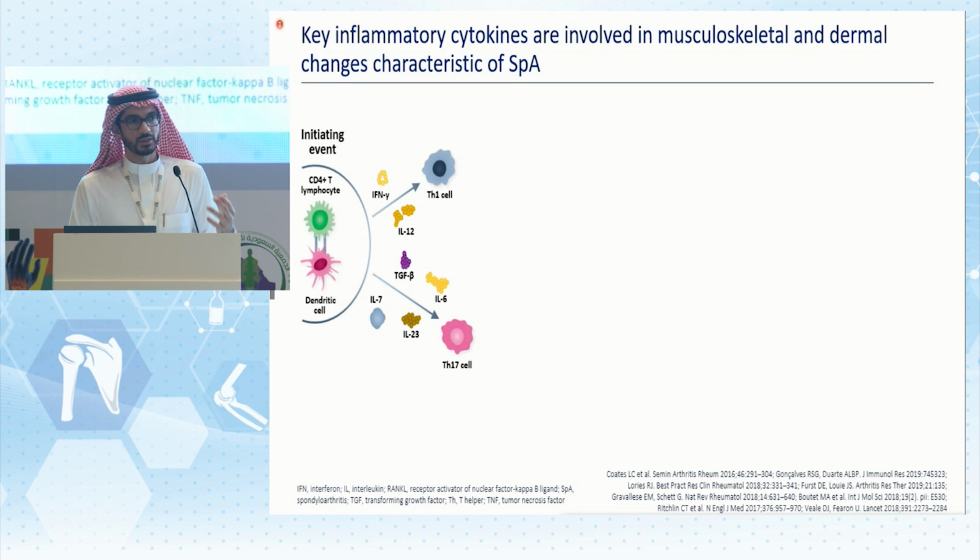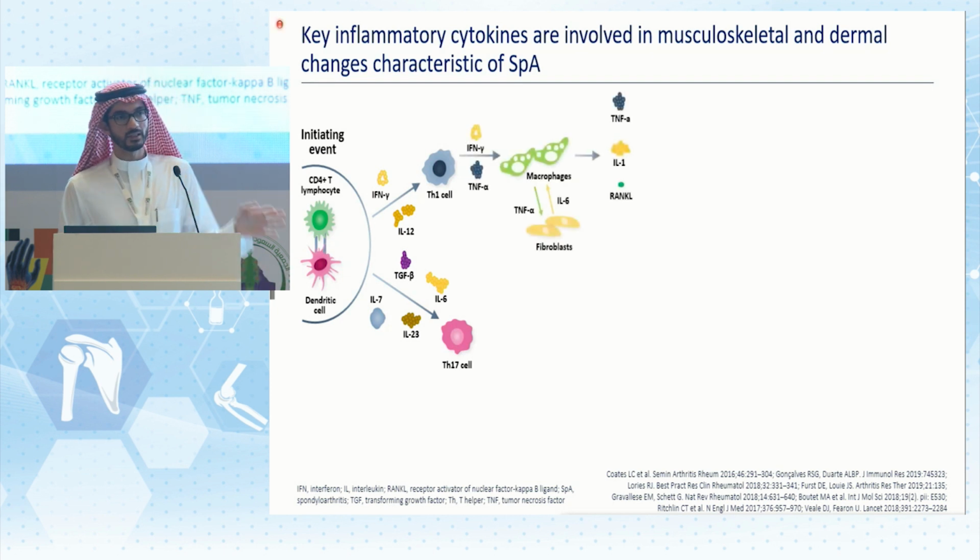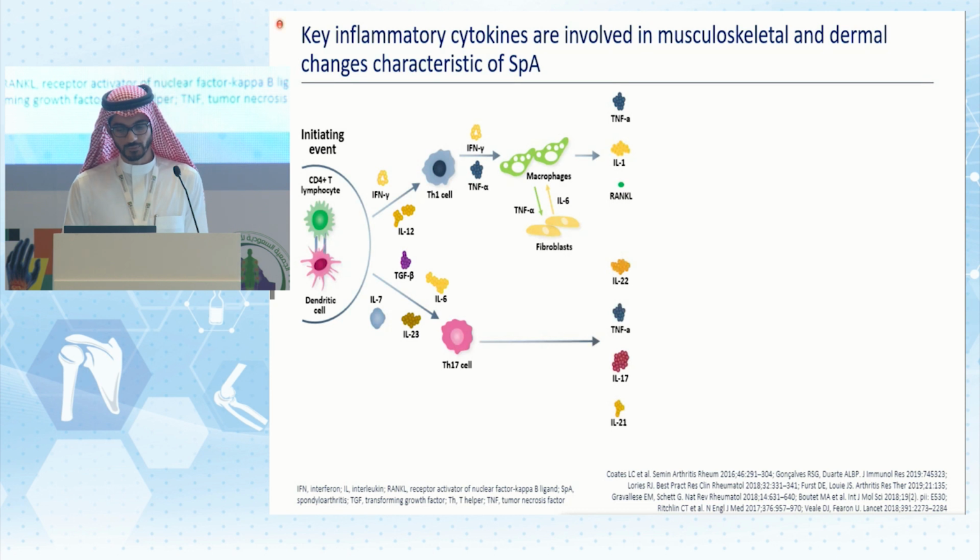Now these cytokines in turn activate the T helper 1 cells as well as the T helper 17 cells, which in turn release the second pool of cytokines, which include TNF alpha as well as interleukin 17 and some other cytokines such as interleukin 6 and interleukin 1.